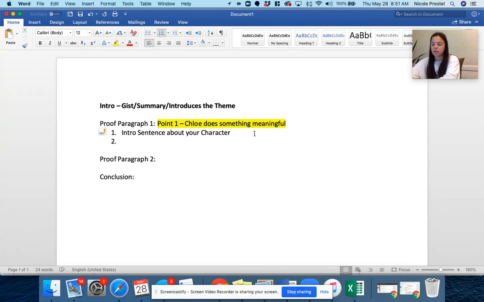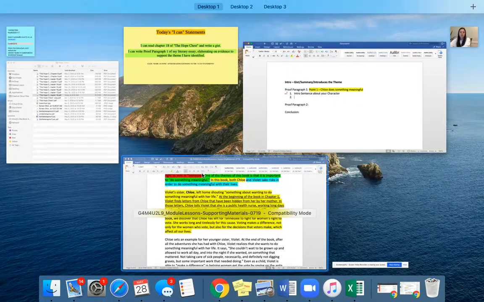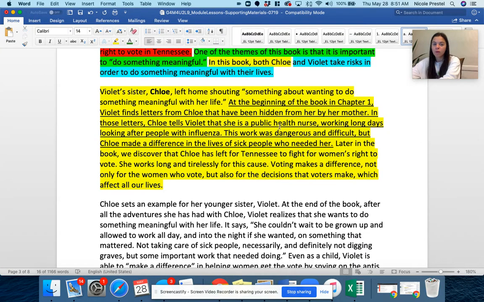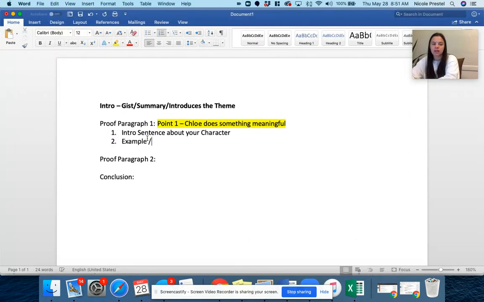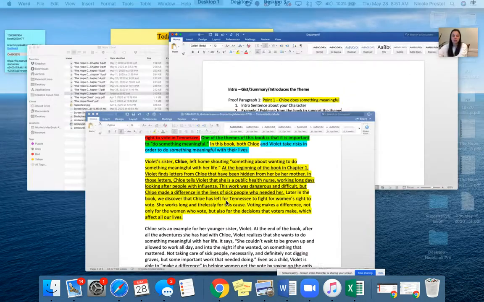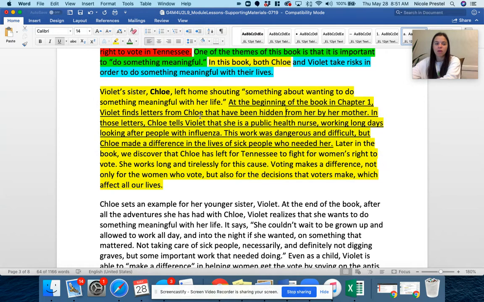And then what does it go into? Well, it goes into example 1. And the example from the book, so example or evidence from the book to support the theme. So they did this first one. It's all about how Chloe decides to be a public health nurse and help people with influenza.